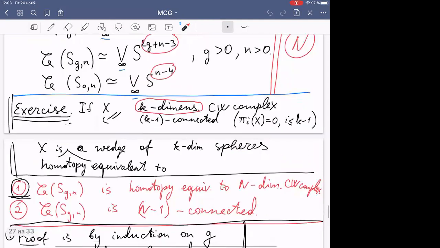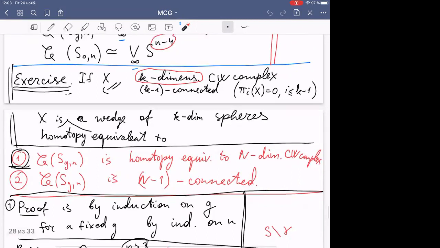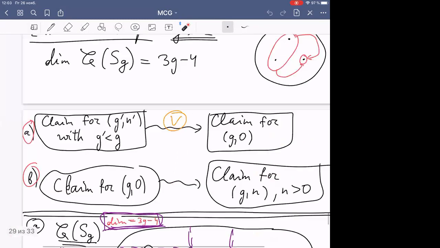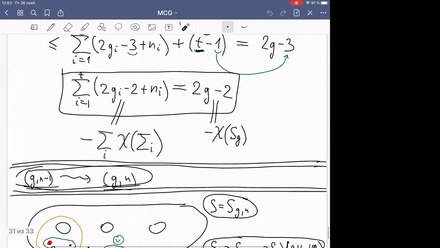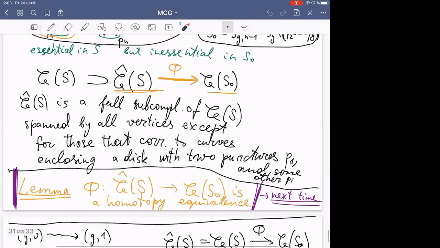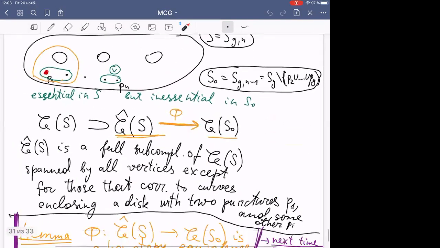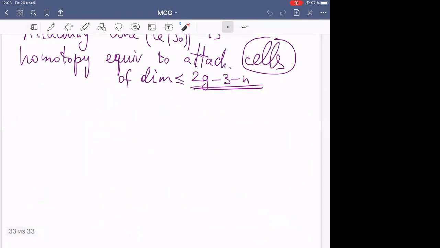So the second part is that it is (n-1)-connected, but the first part was proved only modulo one lemma. I would like to remind this lemma. This was the lemma, this one, and now I recall what this lemma says, and we proceed with proving this lemma.